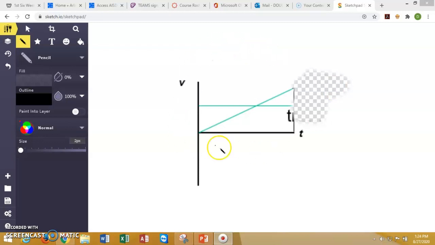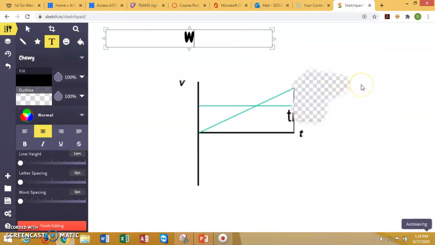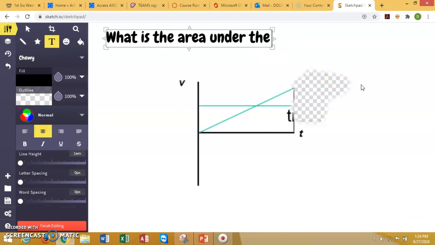Okay, how can we figure that out even though we're not looking at a displacement time graph? How can we do this? So the question is, how can we take this graph and get a displacement? Here's the answer. What is the area under the curve of this graph?